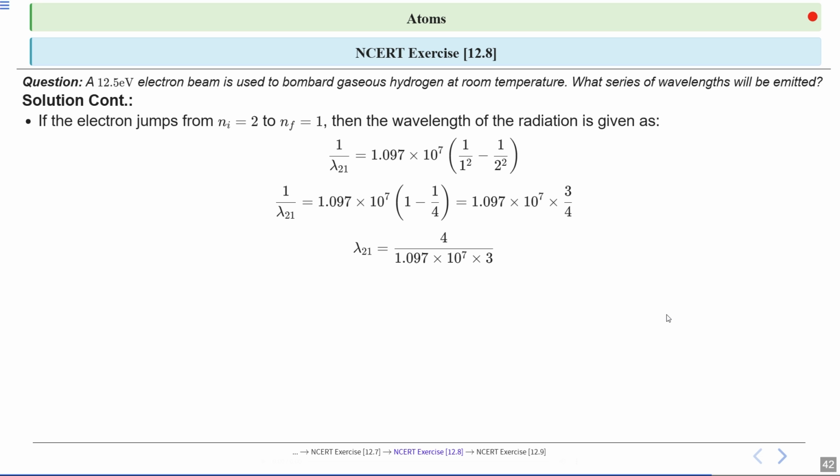This step is just algebra solving for lambda. After plugging in the numbers and calculating, we find that lambda 21 equals 121.54 nanometers. This is in the ultraviolet region of the electromagnetic spectrum. It's important to note that this specific wavelength is characteristic of the Lyman series in hydrogen, which involves transitions down to the first energy level.